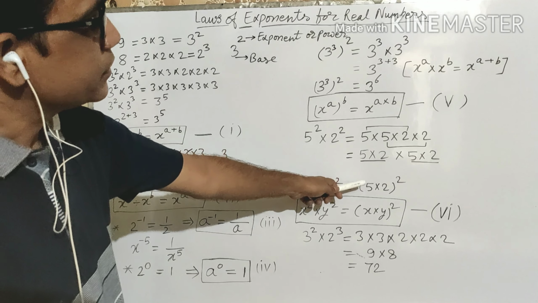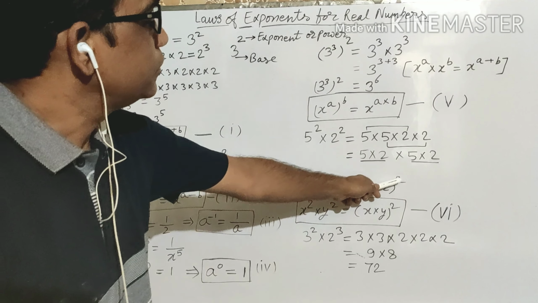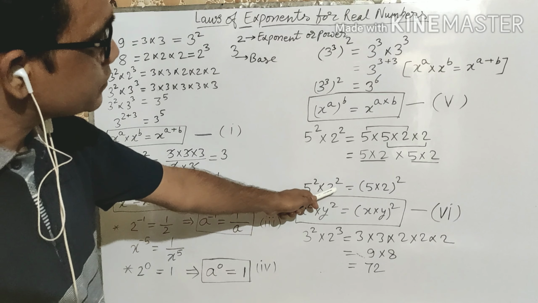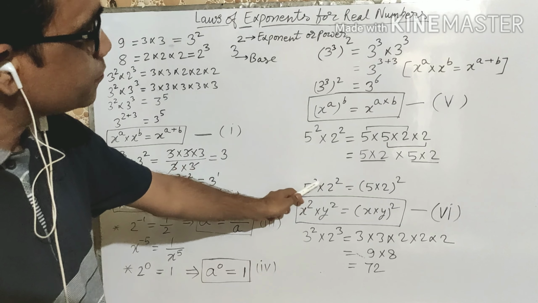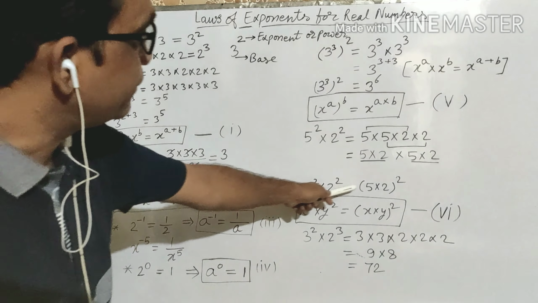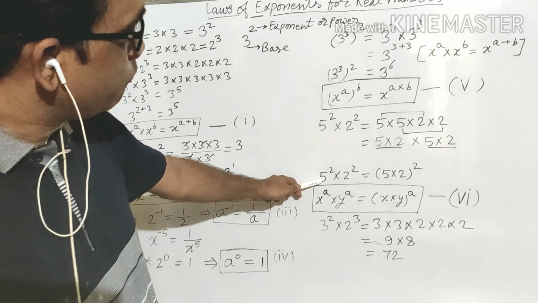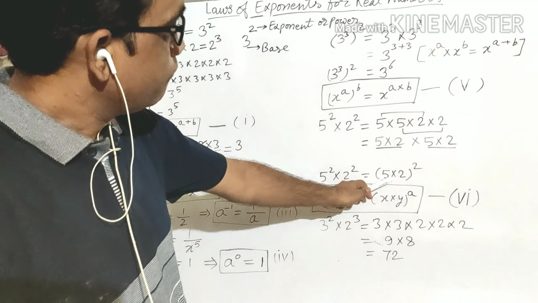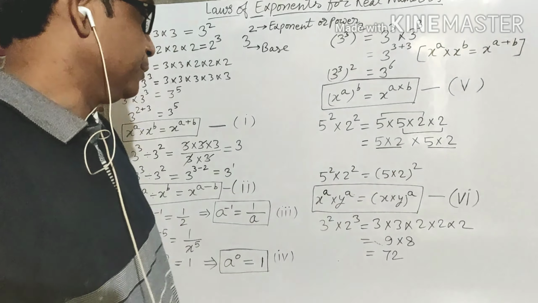It can be expressed as 5 into 2 to the power 2. So if bases are different and exponents are the same, for simplification we have to multiply their bases. 5 to the power 2 into 2 to the power 2 is 5 into 2 to the power 2.